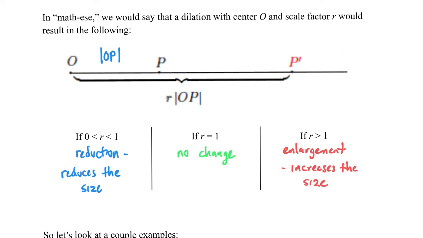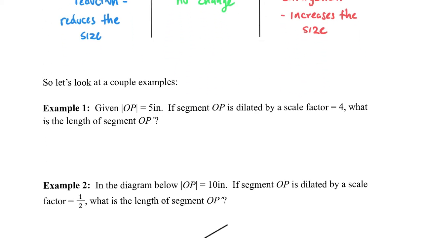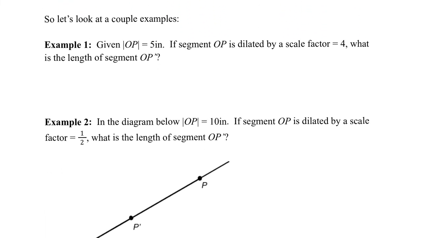Okay, so how do we apply this? So what this says is, given that the length of OP is 5 inches, if segment OP is dilated by a scale factor of 4, what is the length of segment OP prime? So for these examples, we're going to leave the center out of it for a moment, and we're just going to talk about the lengths. So in very basic terms, if the length of OP is 5 inches, and we're dilating by a scale factor of 4, what is the length of segment OP prime?